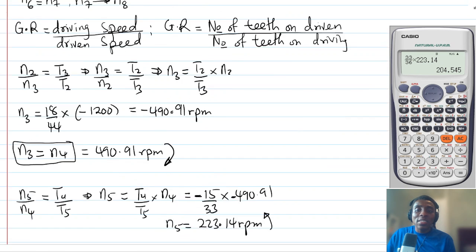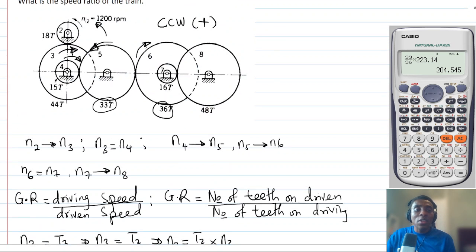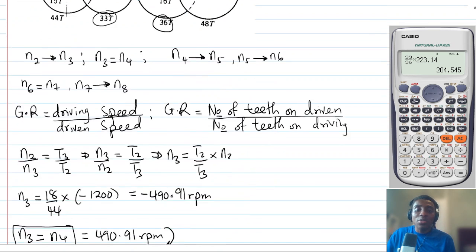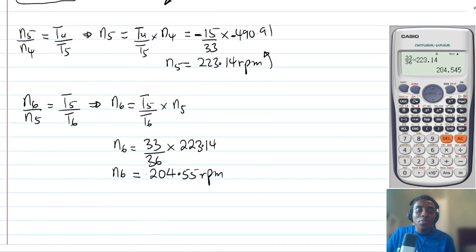But you realize that this 6th gear will be moving in the clockwise direction, so that's going to be negative. But you can just say that it's clockwise. Don't be confused about the signs. It's just telling us that it's going to be negative or clockwise. That's all. Now we are done with the 6th gear.